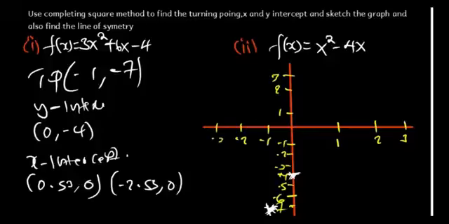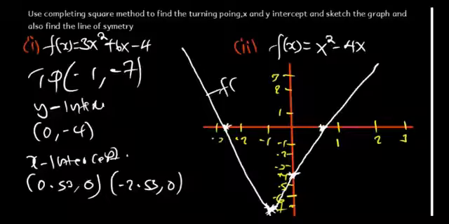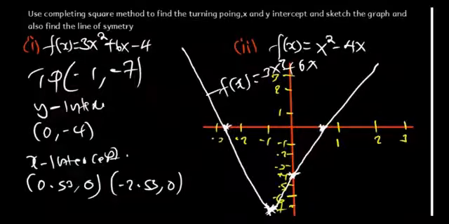Now on the x-axis we have 0.53 comma 0, which is somewhere here, then we also have negative 2.53 comma 0, which is somewhere here. So the graph is supposed to come from here, go all the way to this point, then rest here, then go up there. So that is our graph of f of x equals 3x squared plus 6x minus 4.